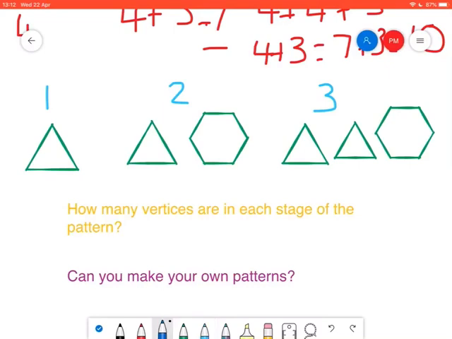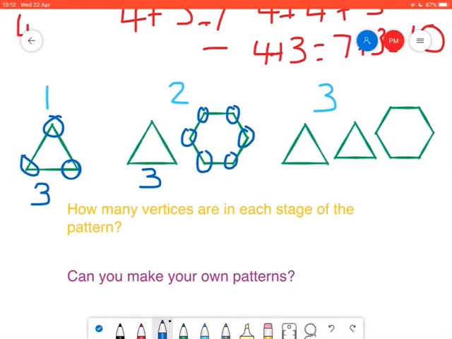So a triangle has 3. So stage 1, 3 vertices. This bit we know that is 3. We have a hexagon which is 1, 2, 3, 4, 5, and 6. So that is not a 0, it is a 6. So 3 add 6 is 9.